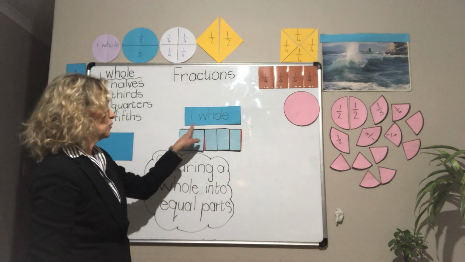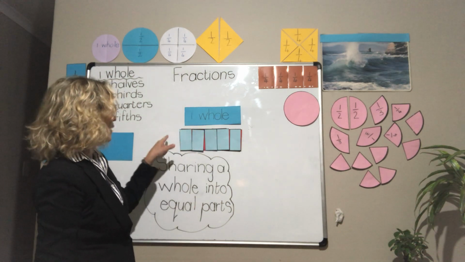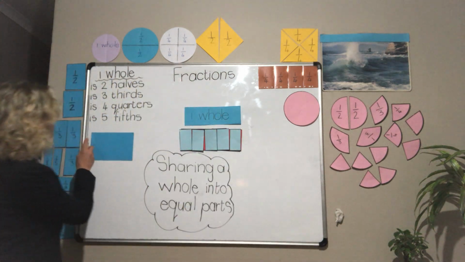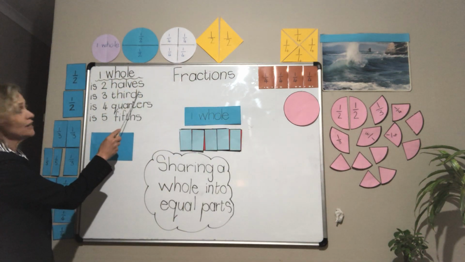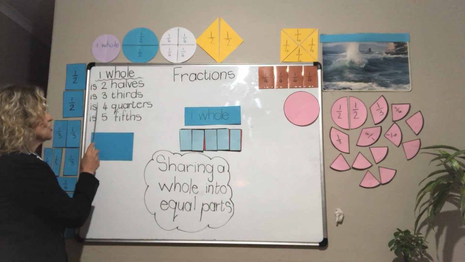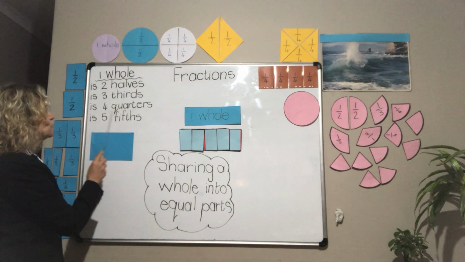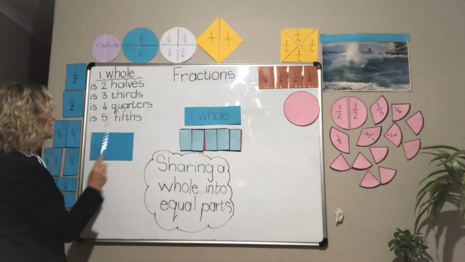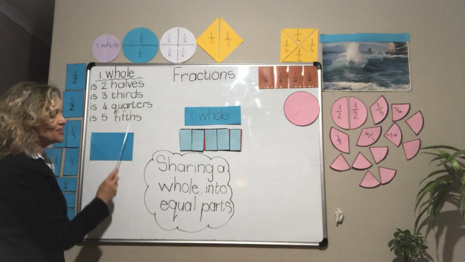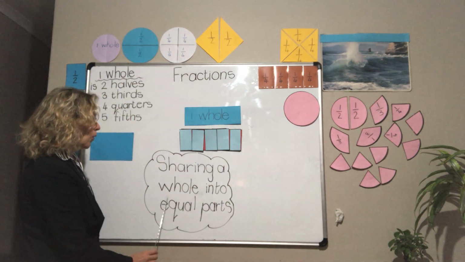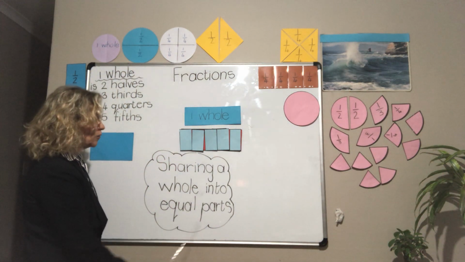So there we have it, 1 whole. 1 whole is 2 halves, is 3 thirds, is 4 quarters, is 5 fifths. Sharing a whole into equal parts.